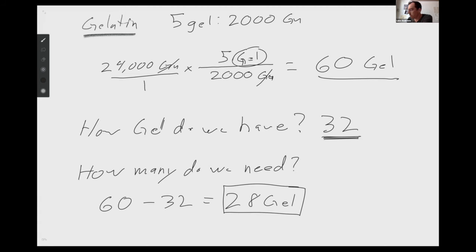So the manager needs to order this many. On top of the 32 that you already have, the manager needs to order an additional, at least, 28 to get you through the next 2 weeks.